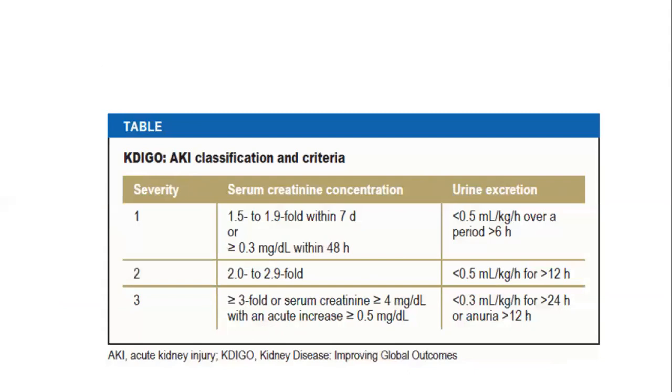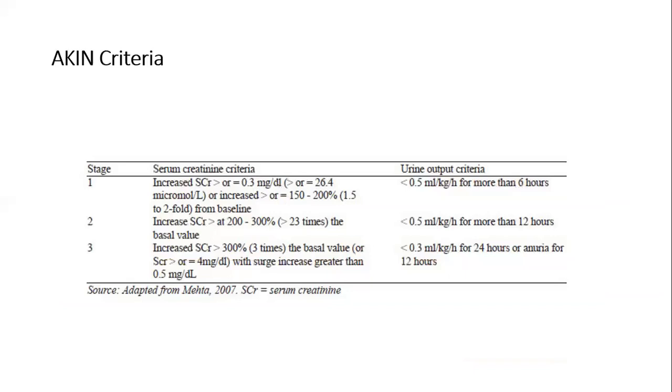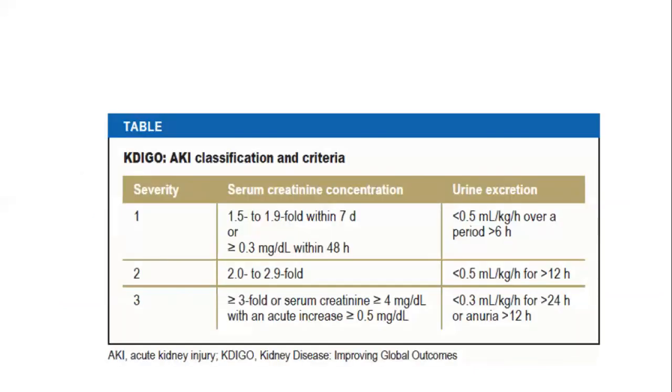Now, the important classification, which is more practical, is the KDIGO and the AKIN criteria. There's a very minor difference between the two. It's 1.5 to 1.9 fold increase, stage 1. Stage 2 is 2 to 2.9 fold increase, and stage 3 is more than 3-fold increase for KDIGO.